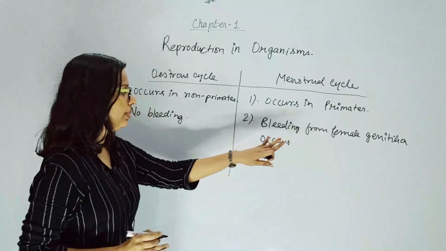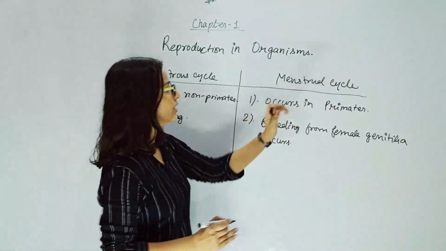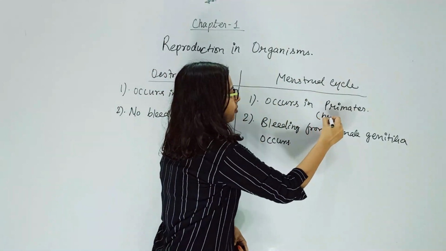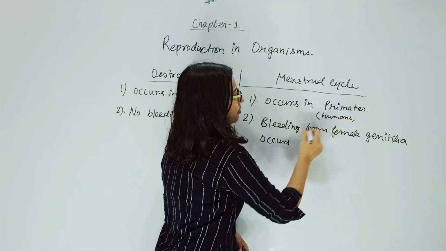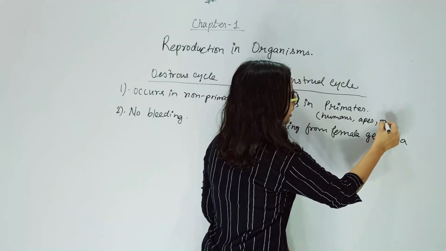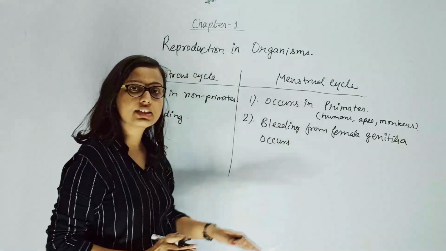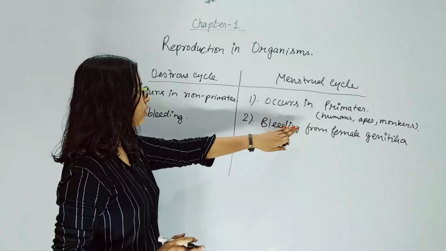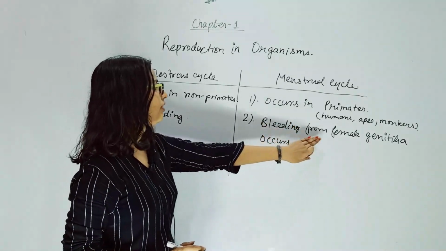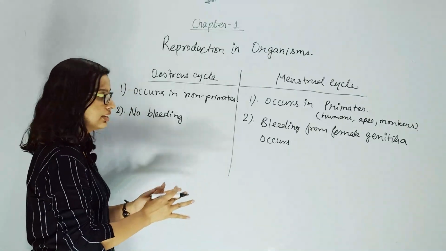Bleeding happens from the female genitalia in case of the menstrual cycle. Primates, I have given the example: humans, apes and monkeys. Humans, apes and monkeys are primates. So in those primates, there will be bleeding from the female genitalia at one particular time of the month.